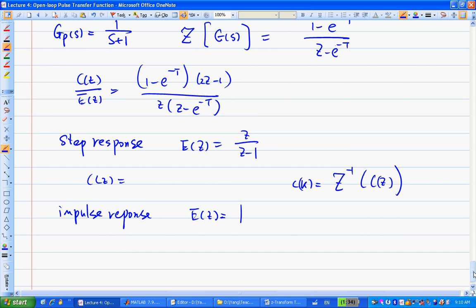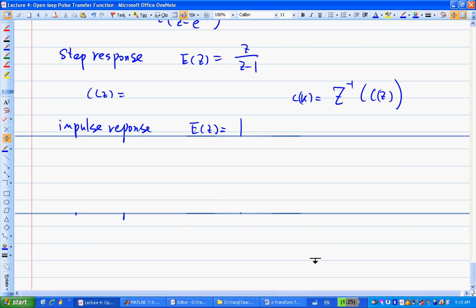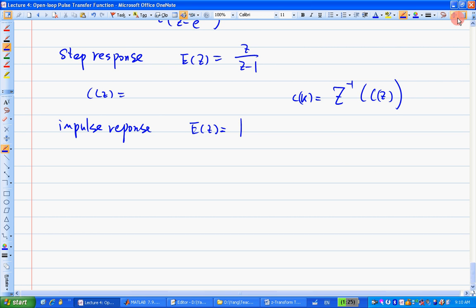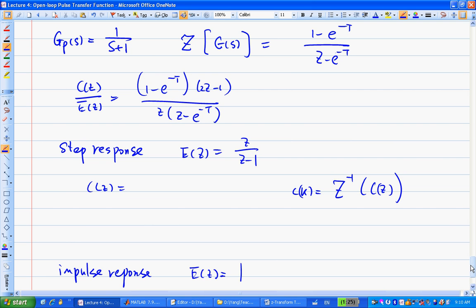But there's a quick way of doing this, though. Let me write this here. Take a look at the step response. If I take a step response, what's my step response? It's this block multiplied by this block.